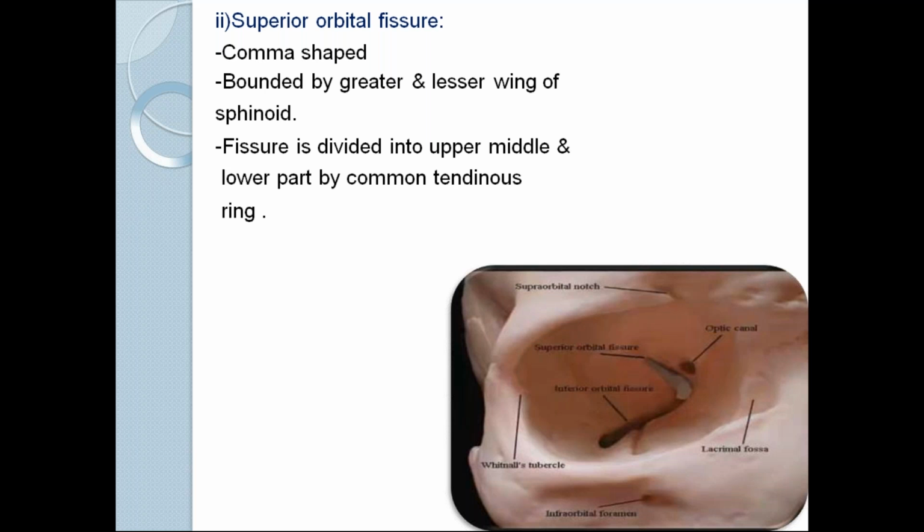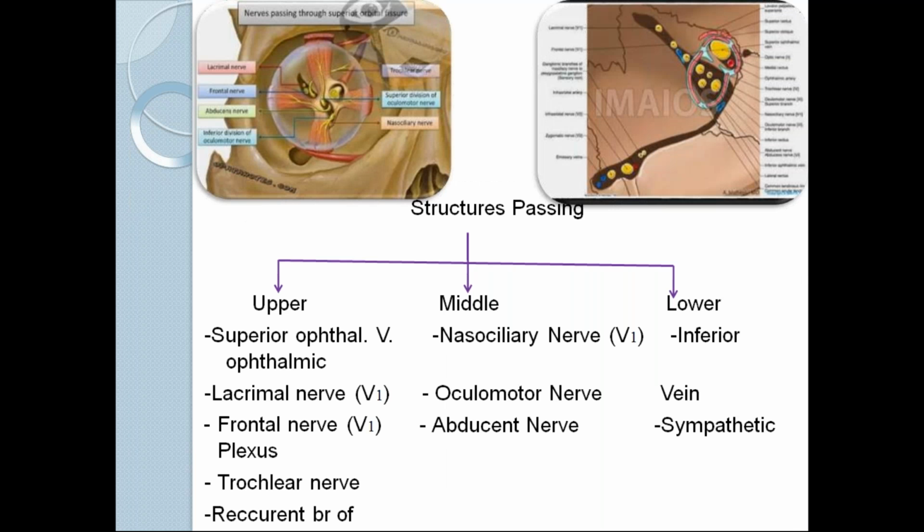Superior orbital fissure. This is also comma shaped. It is bounded by greater and lesser wing of sphenoid. Fissure is divided into upper, middle, and lower part by the common tendinous ring, that is the annulus of Zinn. So structures passing are through upper, middle, and lower parts. Coming to the upper part, it transmits superior ophthalmic vein, lacrimal nerve, frontal nerve, trochlear nerve.